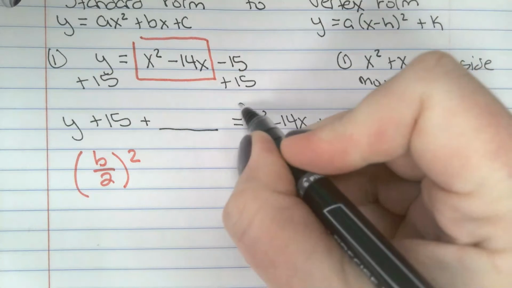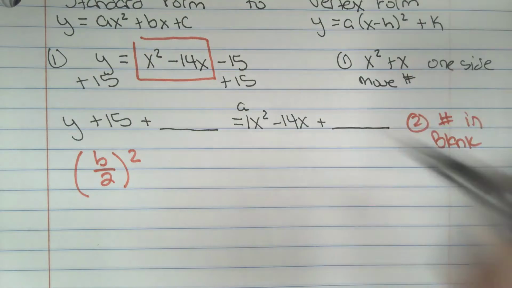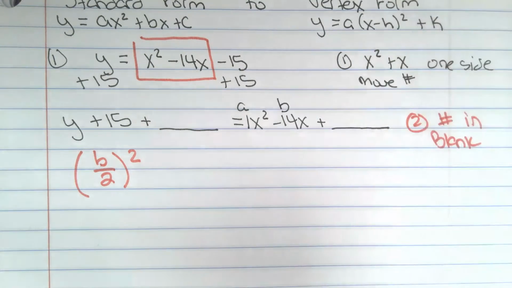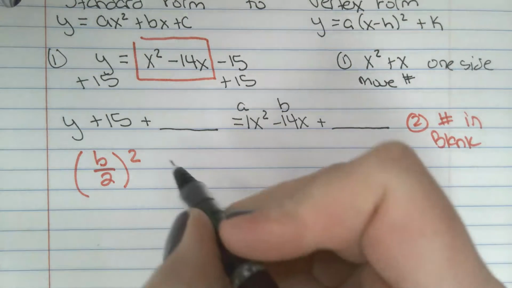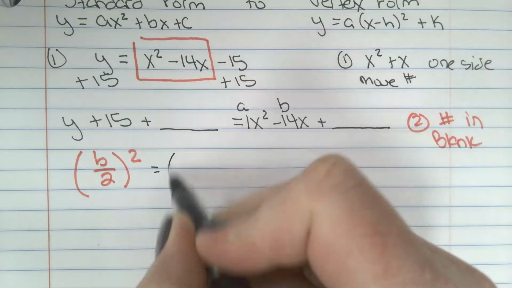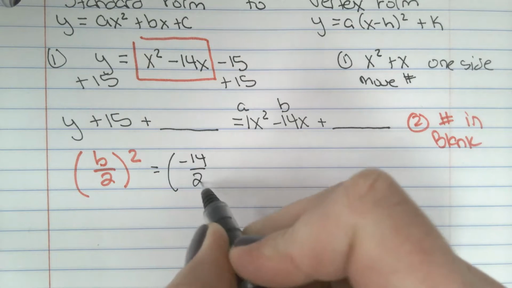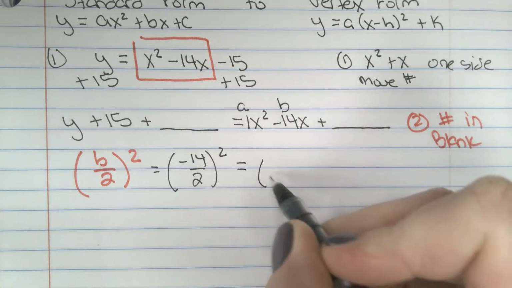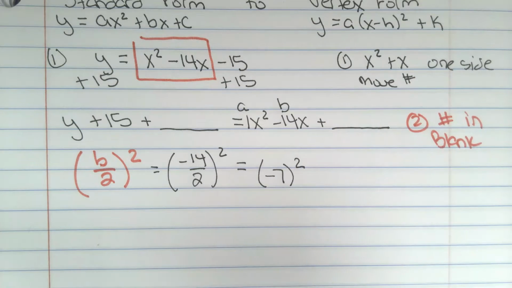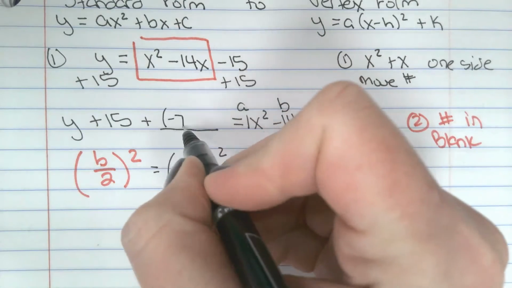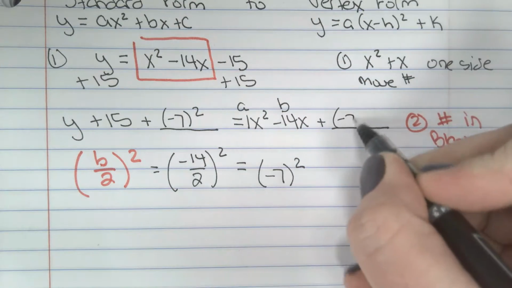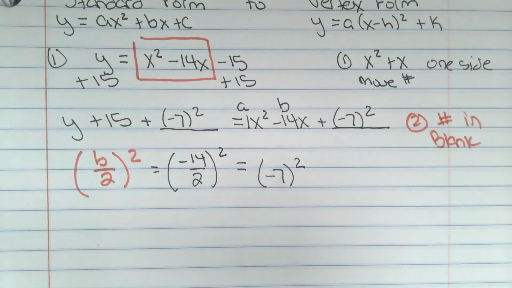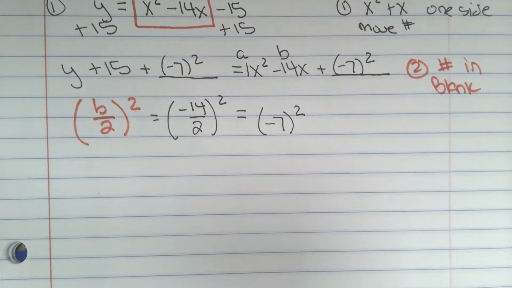All right, so A is 1 because it's x squared's coefficient, and B is negative 14. So I do negative 14 divided by 2 squared, and that becomes negative 7 squared. So negative 7 squared is the value that I'm going to add to both sides of my equation.